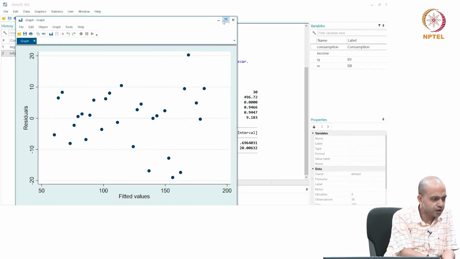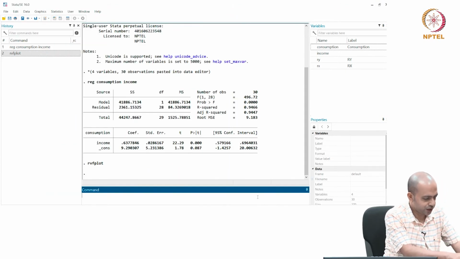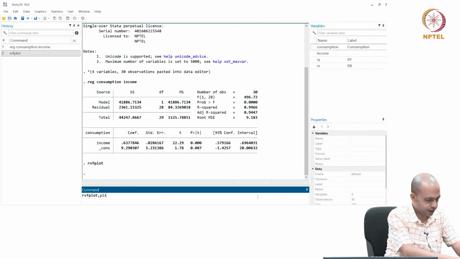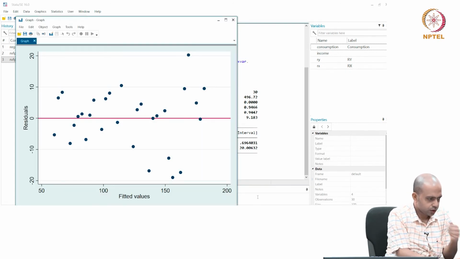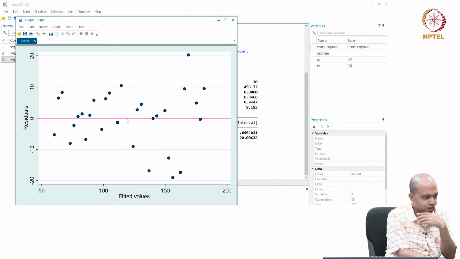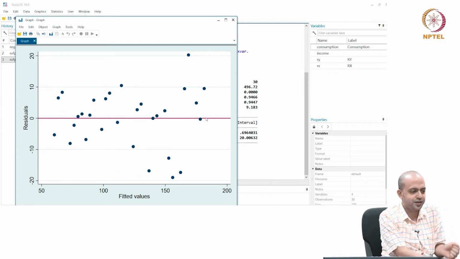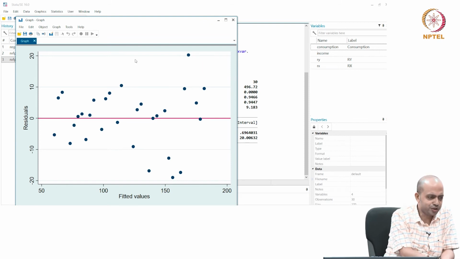If you put another comma, let us say RVF plot, yline 0, then you will see this is a 0 line, and this is how your errors are behaving. It is not constant, okay. Some kind of initial impression, but it is not very clear.